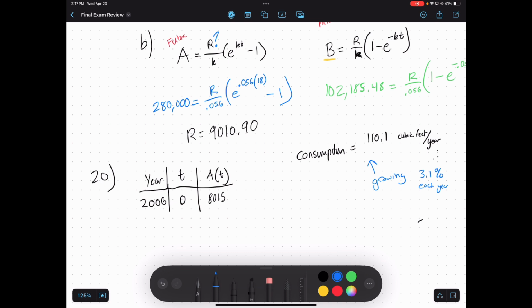Okay? Now you might think, what the heck? How is this related to a consistent revenue stream or with accumulated value? How is this related to accumulated value?